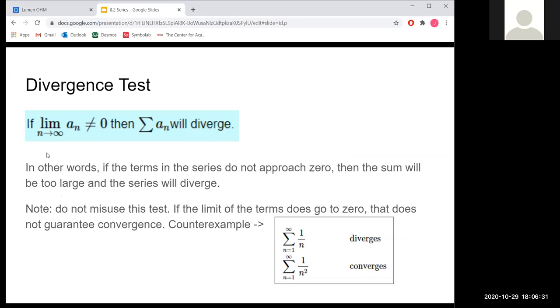Yes. So there's this thing called the divergence test, which will tell you whether or not a series will diverge. So let's read what it says.